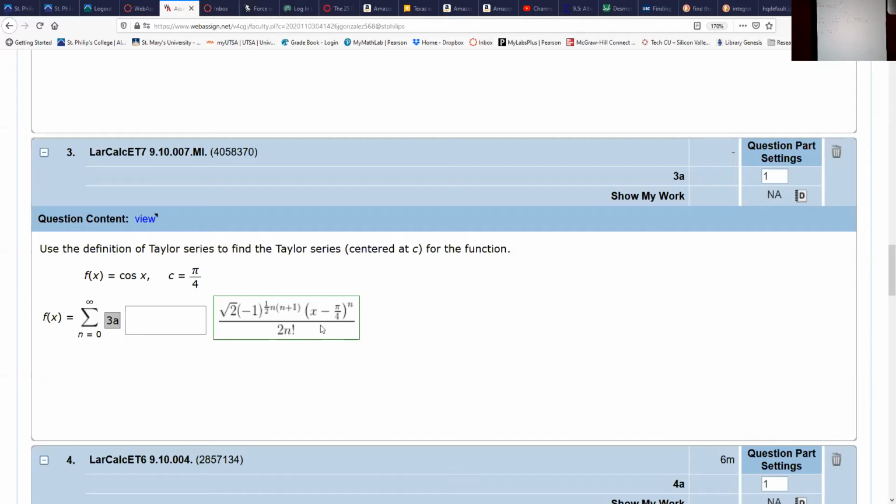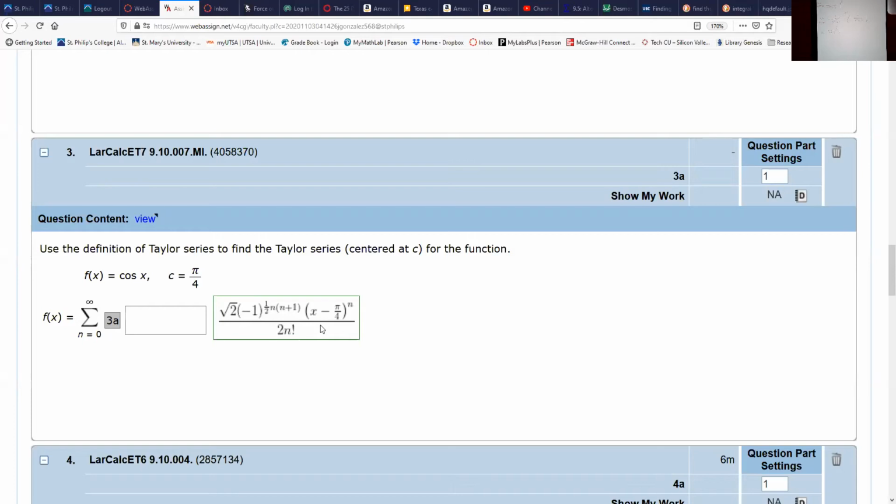I think you're probably correct, especially if the algebra is the same. It might just be being weird about it. It's the same answer. It's just that I see where you have the 2 next to the 2n factorial. I have it underneath the radical. It's the square root of 2 over 2. I see.